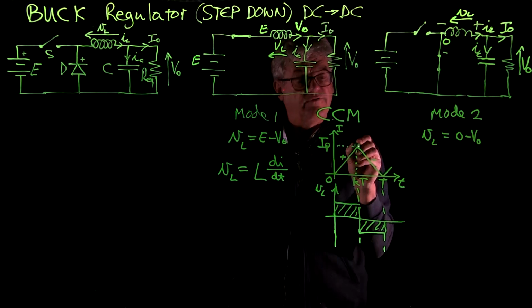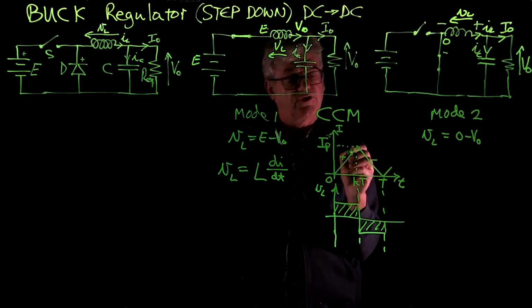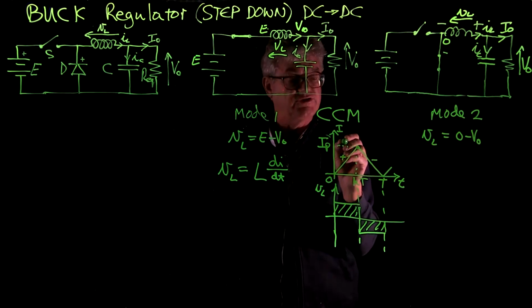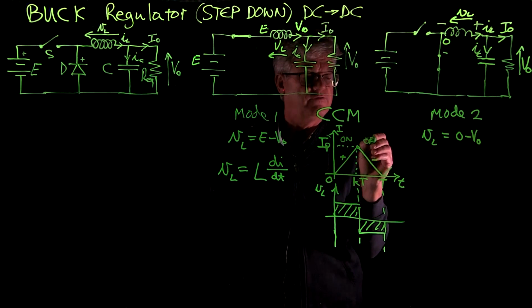Now we have a current value, the I peak, which is common to both the time that the switch is on and the time that the switch is off.